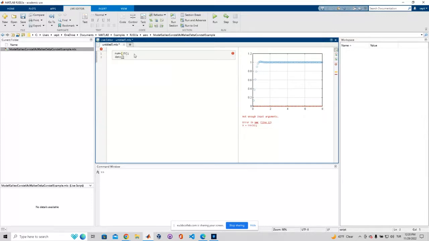Denominator, 1, 6, 25. Okay. So our time frame, you're gonna define your time frame again. So now I want to change this time with 0.005, plus our settling time has a plus and minus 0.5 percentage change. So we need to see the changes. That's why we define it.